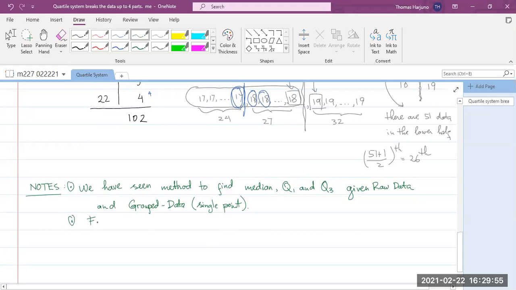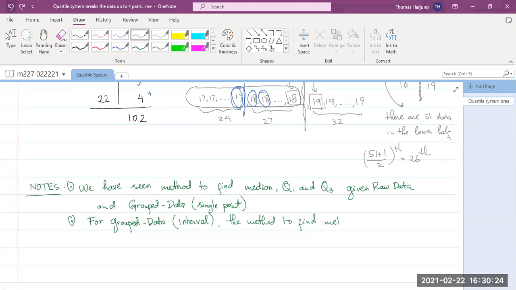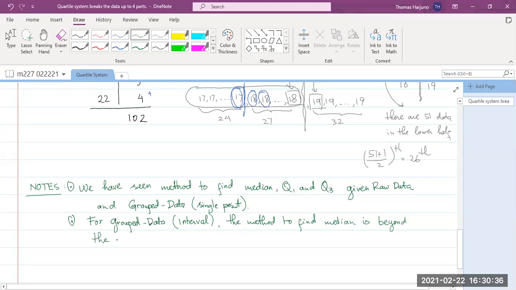For group data interval, the method to find the median is beyond the scope of this course.